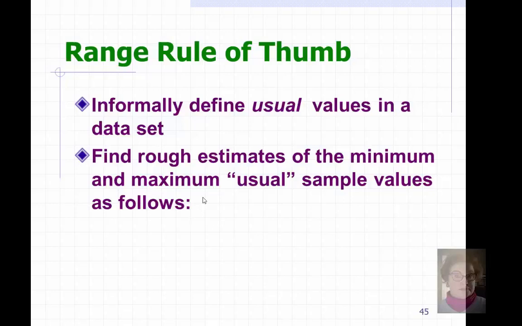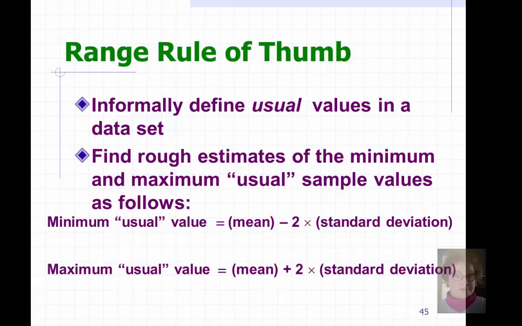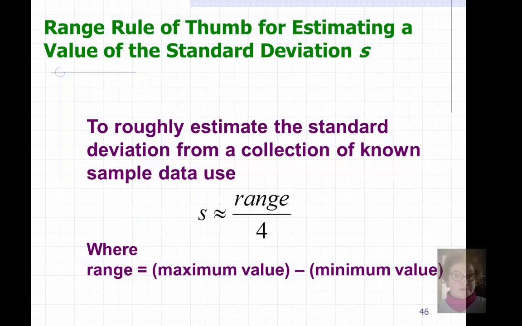And remember in class we talked about the difference between statistically significant and statistically insignificant. When things are statistically significant, they are unusual if the mean that we assumed was true is actually true. So the minimum usual value is the mean minus 2 standard deviations. The maximum usual value will be the mean plus 2 standard deviation units.